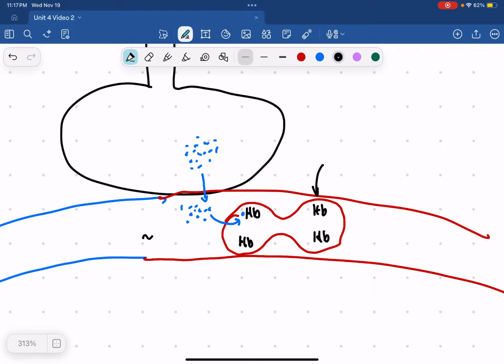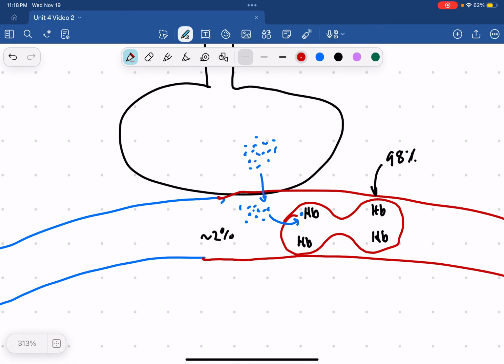About 2% of the oxygen will stay in the blood, and about 98% of the oxygen that comes from gas exchange will be bound to hemoglobin.